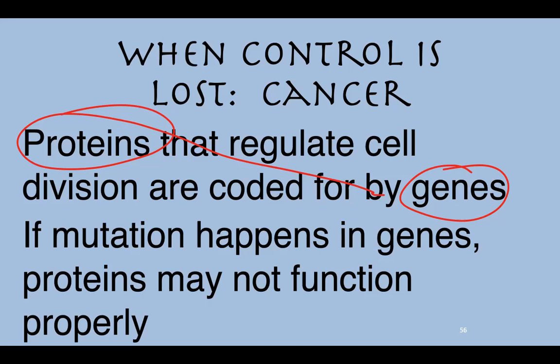No, because you have other genes that code for other proteins whose only job is to make sure that these proteins are actually working properly. And you have other genes that code for other proteins whose only job is to patrol around your body and make sure that cells are dividing properly.